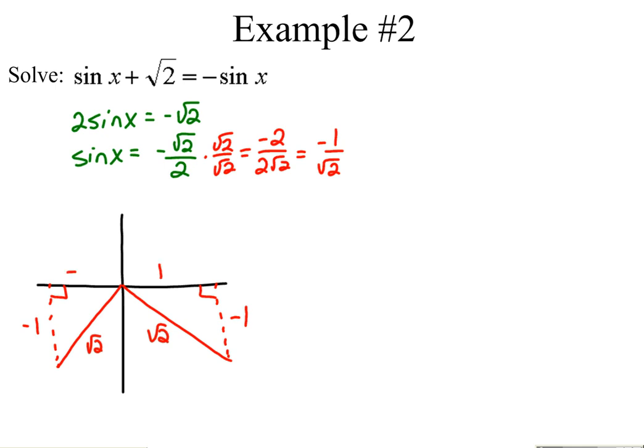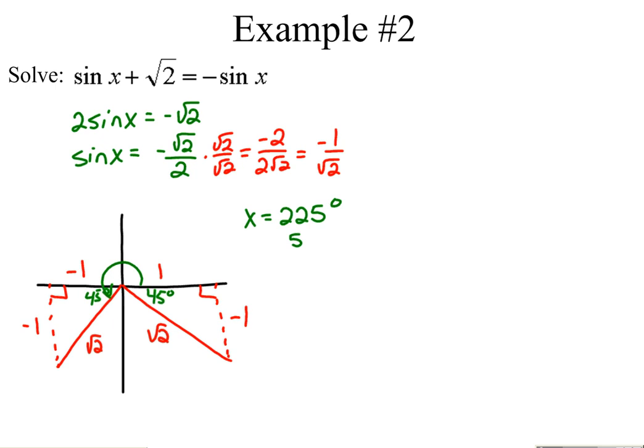Third side then: this time, 45-45-90 triangles are going to be 1 and negative 1. So from that, you should recognize this reference angle to be 45 degrees. So when does sine x equal negative root 2 over 2?